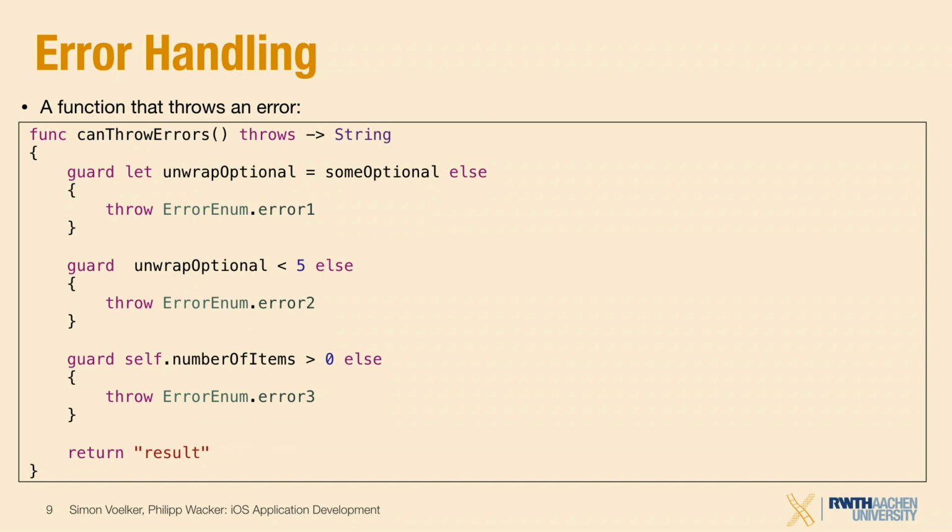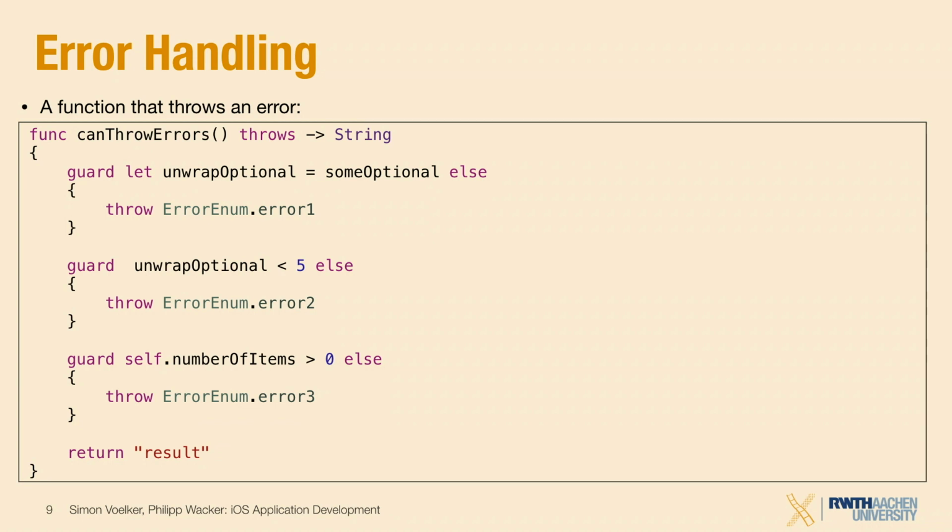So how does this throw and catch work? We have this function that can throw an error, and it throws a string. Then you call the different error types that you can create. In this case, you try to unwrap a certain optional. If this fails, I throw error number 1, and then the user can react to this particular error number 1. And the same thing with error number 2 and error number 3.